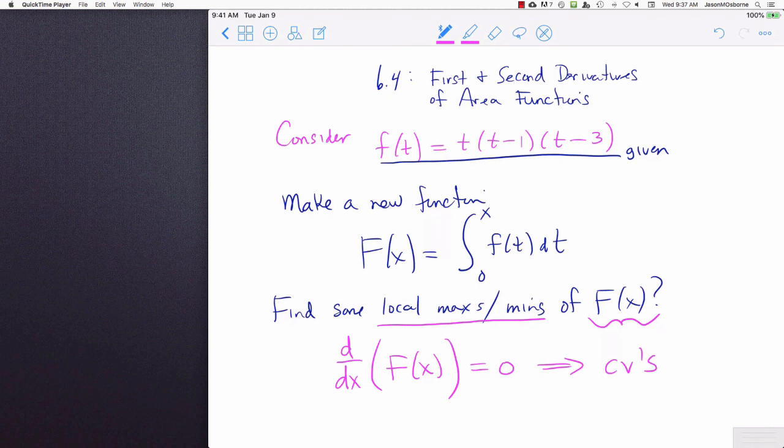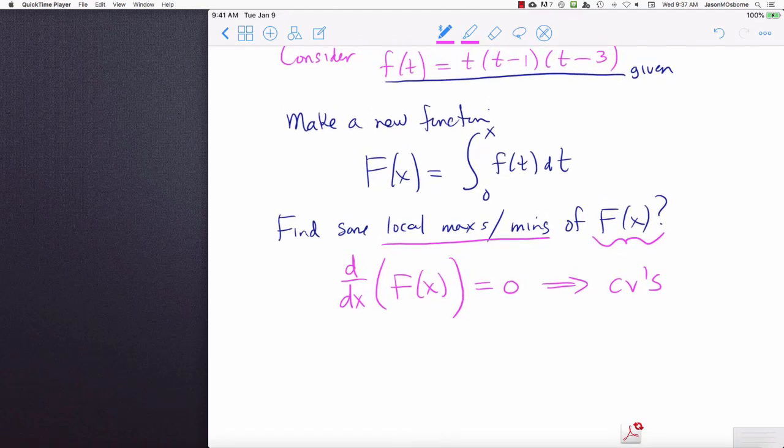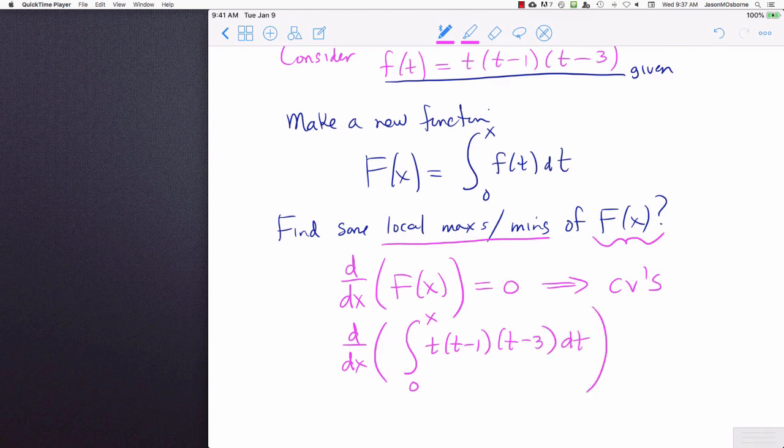Okay. But we're fortunate that we have the second fundamental theorem of calculus that tells us how to take the derivative of functions. This is a function defined by an integral.